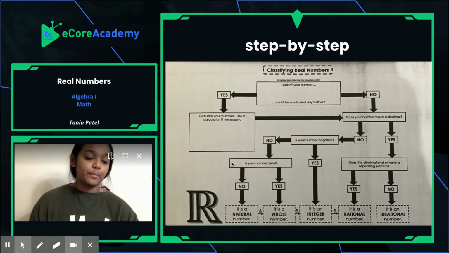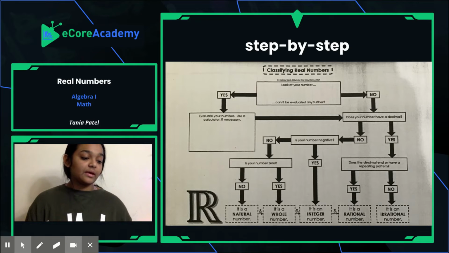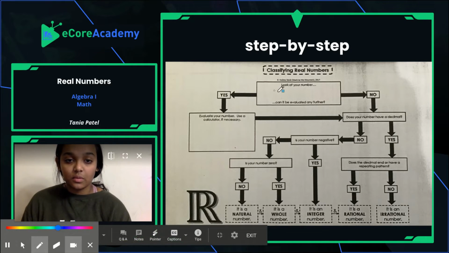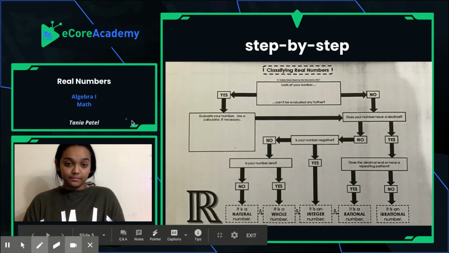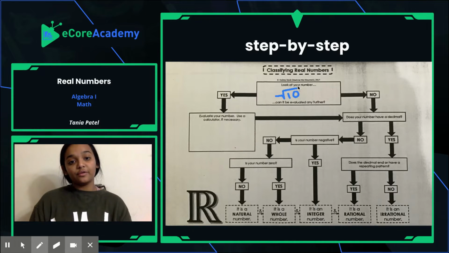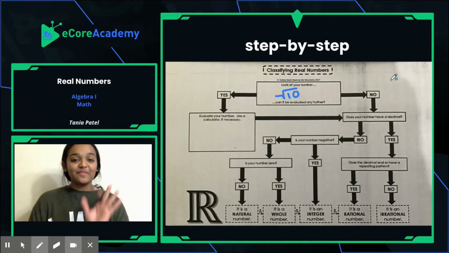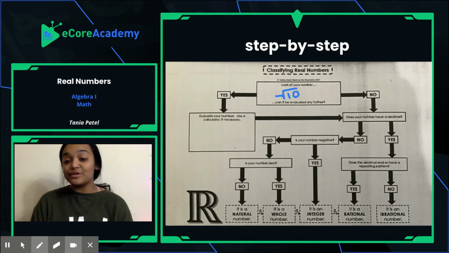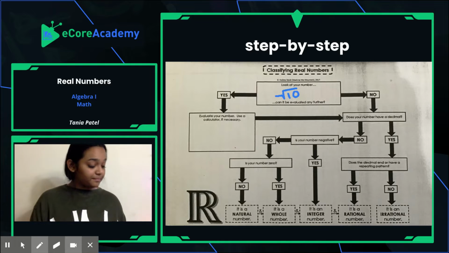So our next number that we're going to be dealing with is the square root of 10. Okay, so our number is the square root of 10. Can it be evaluated any further? Of course, we just need to use our calculator to get perhaps a decimal format.